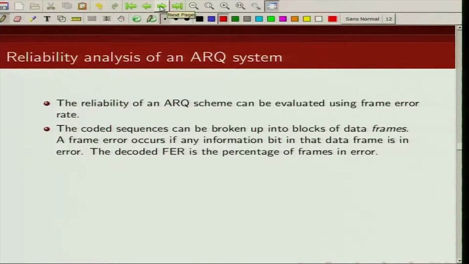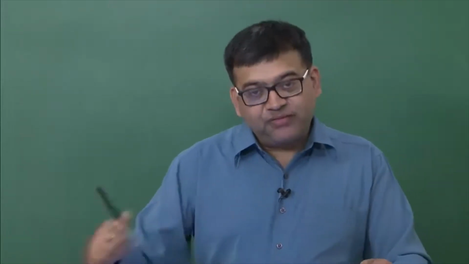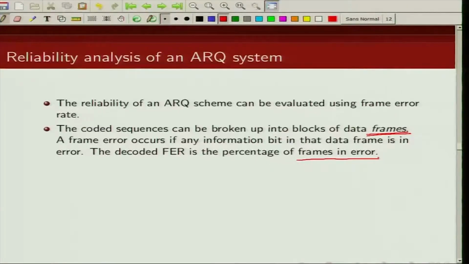We are sending this coded sequence in small blocks of data which are known as frames or packets, and a frame error happens if any of the information bits in that frame is in error. The percentage of frames which are in error is known as the decoding frame error rate.